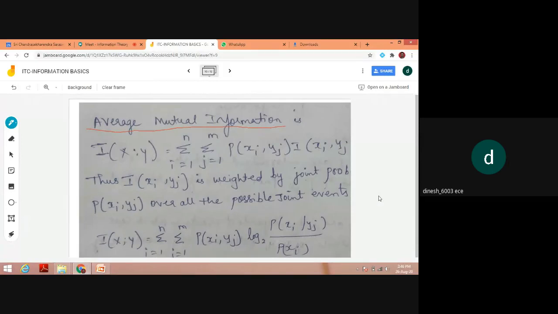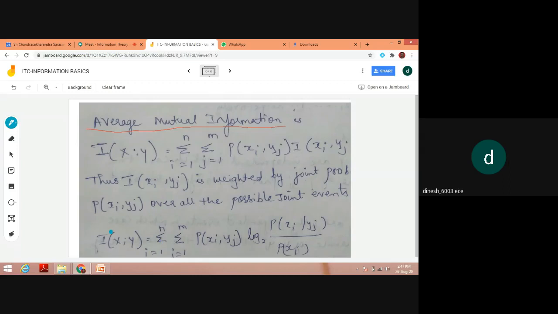I(X;Y) equals summation i equals 1 to n, summation j equals 1 to m, P(xi, yj) into I(xi, yj), where I(xi, yj) is weighted by the joint probability function, and P(xi, yj) is over all possible joint events.